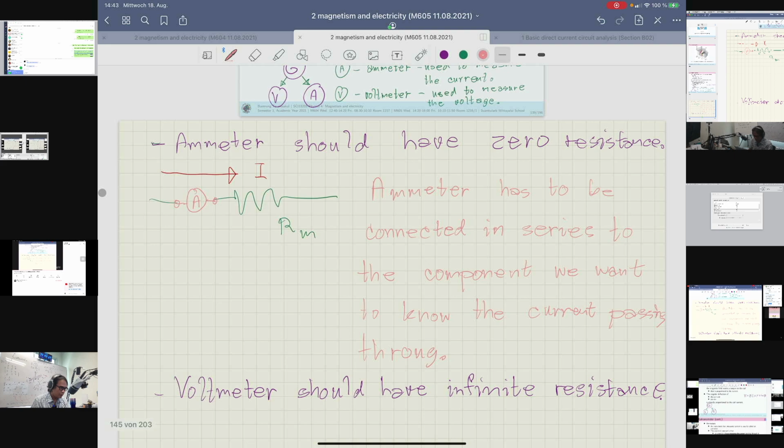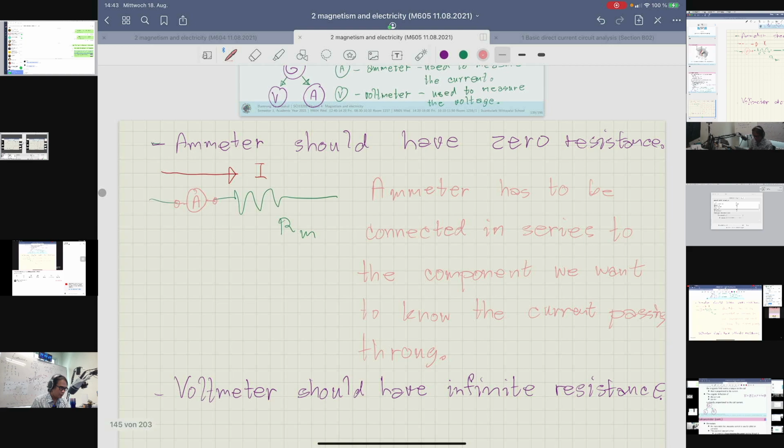A small r should be the internal resistance of the ammeter. It just happens in nature. Nobody is going to force it to happen. All right.